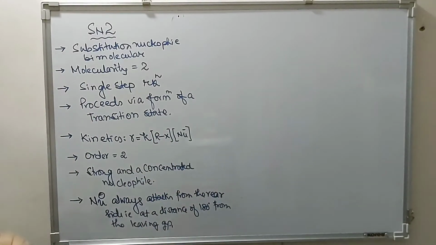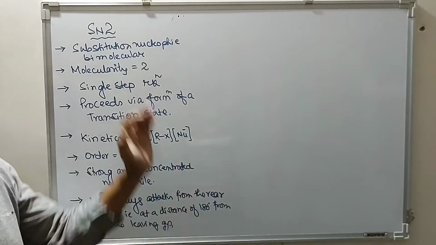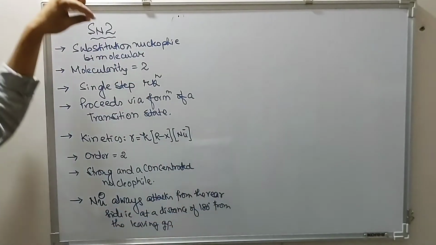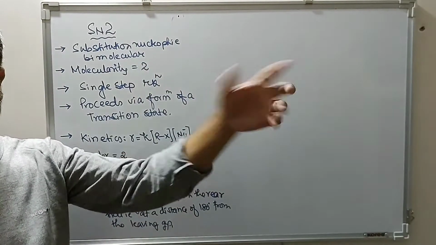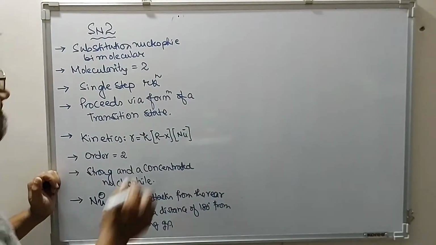So frontal side attack is never observed in SN2. Why this is not observed, we'll discuss later while discussing the mechanism of the reaction.